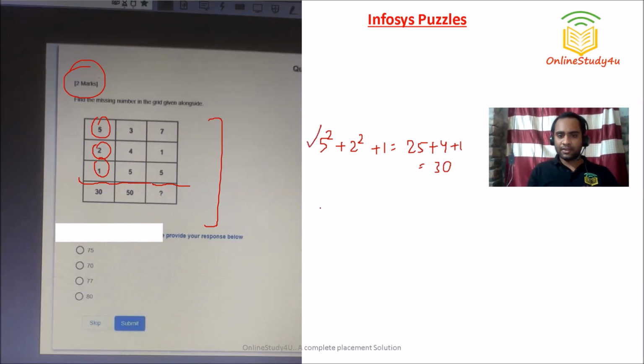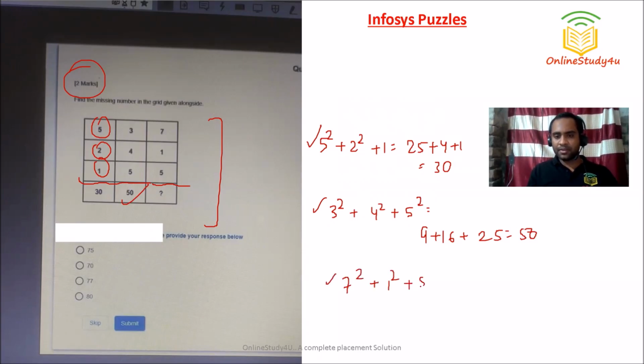Done. Then 3 square plus 4 square plus 5 square. So it will be 9 plus 16, 25, and plus 25 will be equal to what? 50. This is what is given. Then 7 square plus 1 square plus 5 square. So 49 plus 1 and plus 25 will be 75.